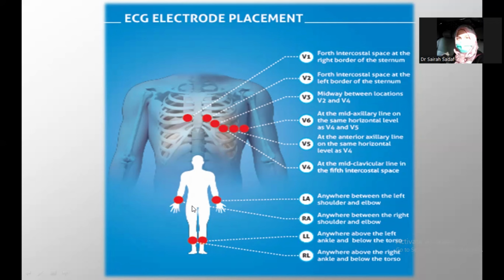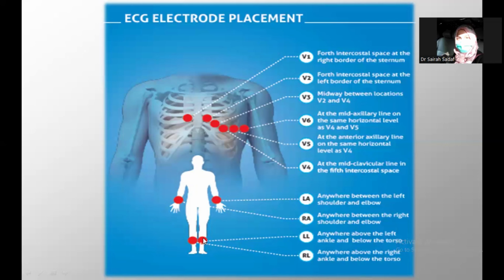Now on the limbs, we place 4 electrodes and the remaining 6 electrodes we place on the chest. So starting from here, right arm, left arm, you can place the electrode from this to up till here, anywhere in between this area. Same goes for here and same goes for here.